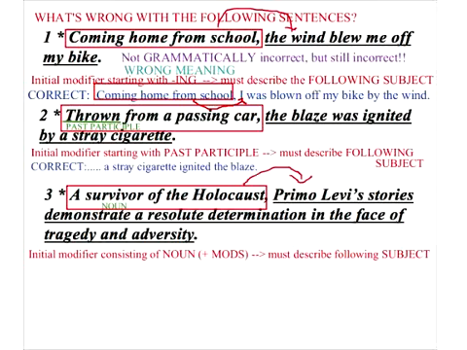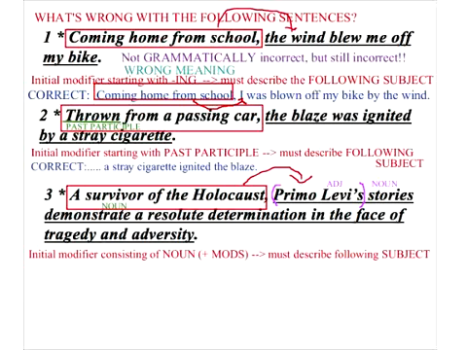Now, the thing to notice is that some people think that "Primo Levi's" is good enough. Make sure you know that it's not. Possessives like this function as adjectives. So what the subject here actually is, is "his stories," because "Primo Levi's" is just a descriptive adjective.